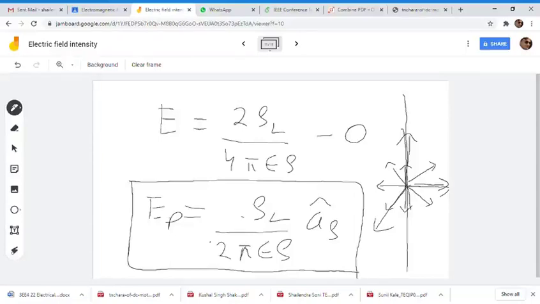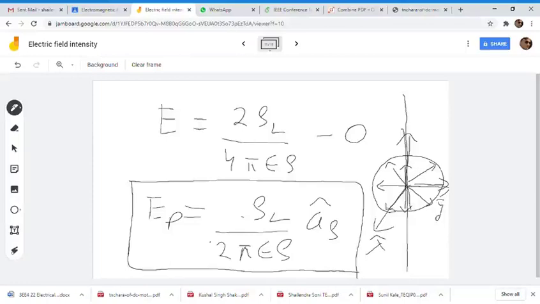If you join the locus of the tips of all these electric fields, it will come out to be a circle that is coplanar with the xy plane.